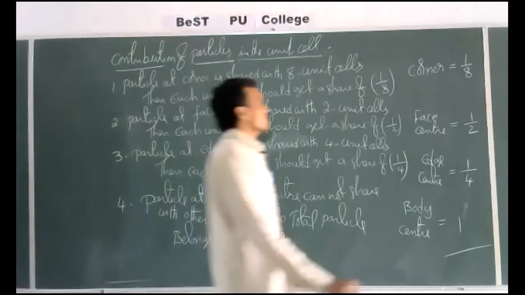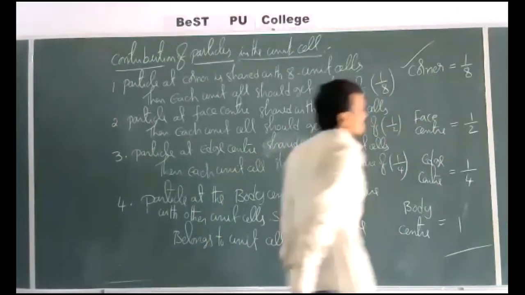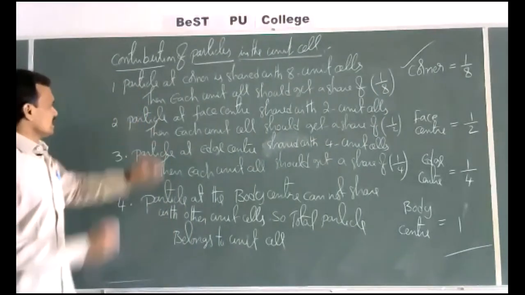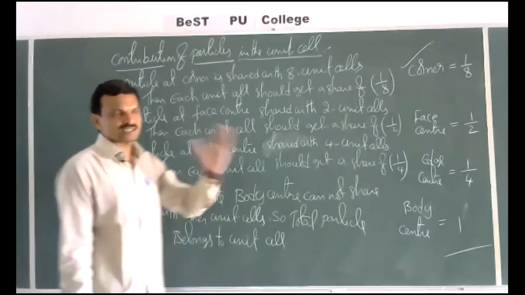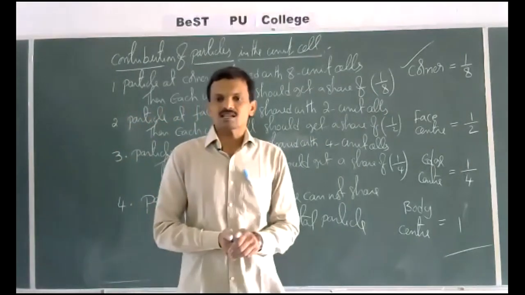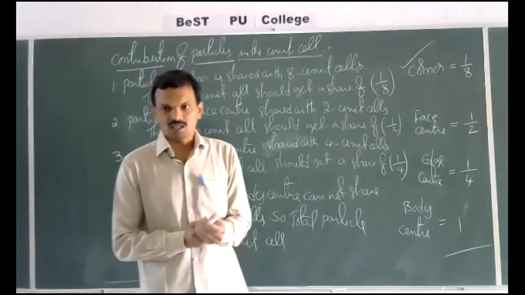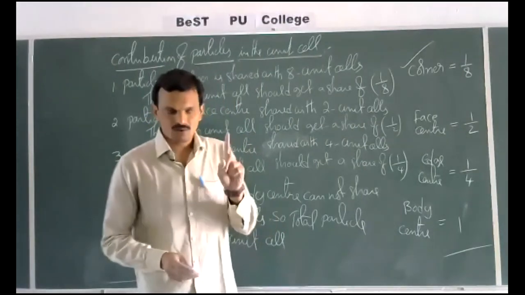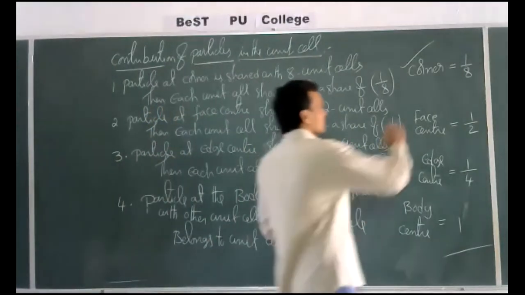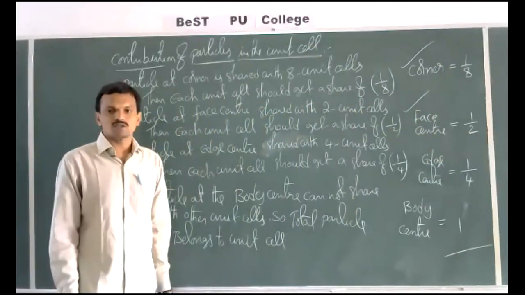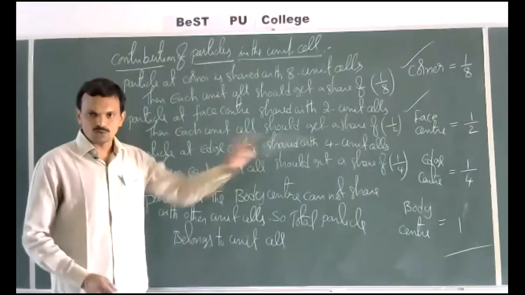So the contribution of the particle at the corner is 1/8. Next, if a particle is present at the face center, a face center particle is shared with only 2 unit cells. Then each unit cell should get a share of 1/2. So if a particle is present at the face center, its contribution to the unit cell is 1/2.